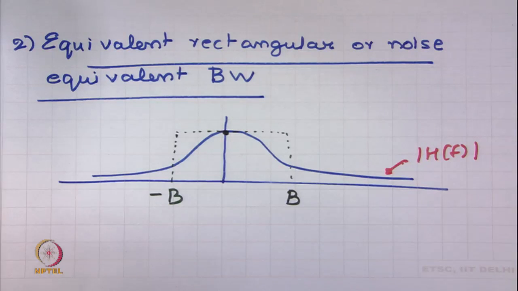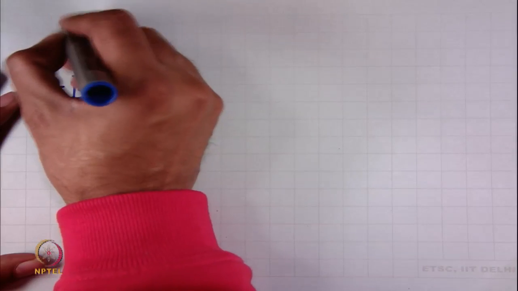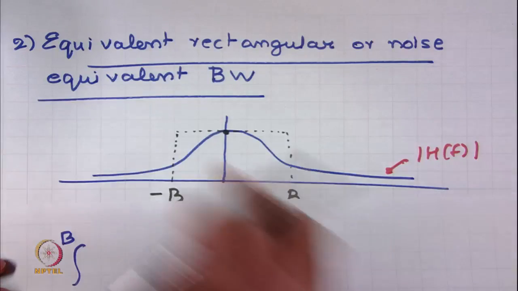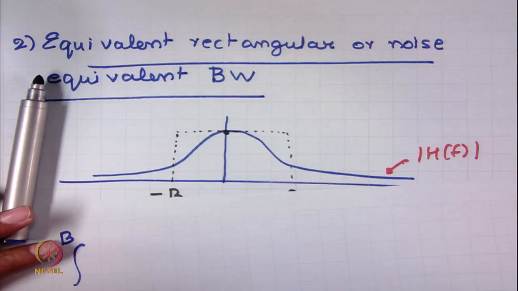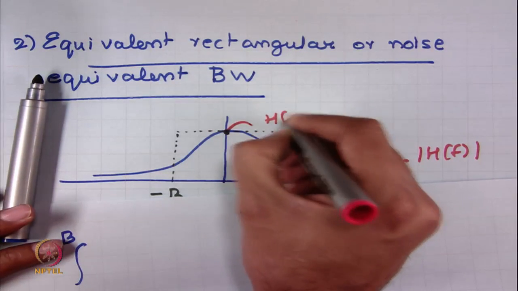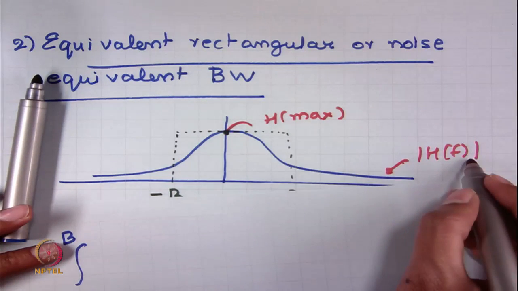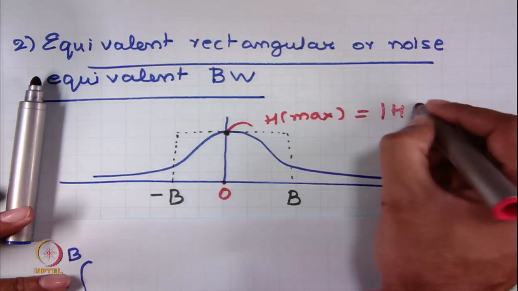So, let us see what I mean with this. The energy contained in the rectangular cap would be nothing but, because rectangular cap goes from minus b to plus b, and the height of this rectangular cap is same as H max. So, this value H max, for simplicity let us assume that the peak value of this mod of HF happens at f equals to 0. So, this is also mod of H of 0.